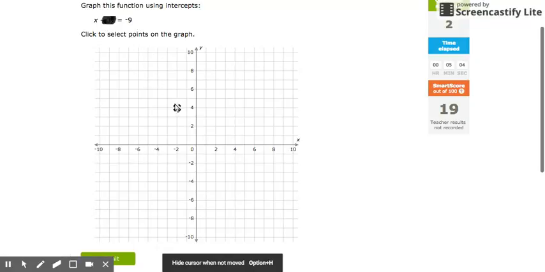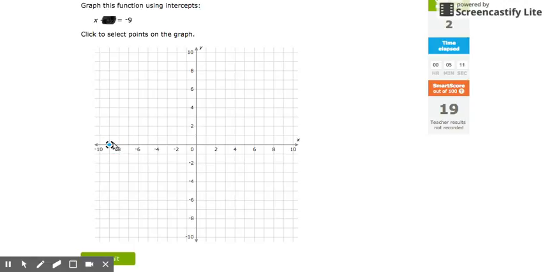So x is at negative 9. So go to your x, go to negative 9. And then where was my other point? Y was positive 3. So do you see how I got a line by graphing my x-intercept and my y-intercept? There it is.